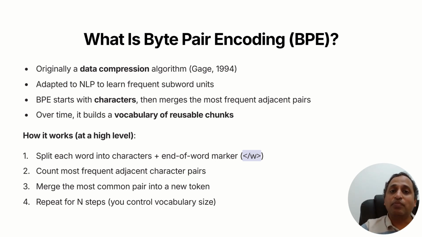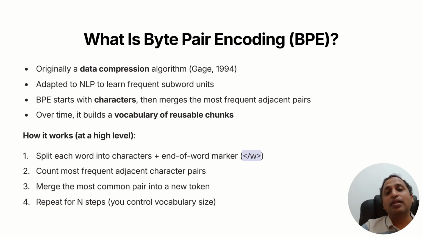Then in step number two, it counts all adjacent character pairs across your training text. If you say something like "hello", it counts HE, then EL, LL, LO, like that. It keeps on counting the adjacent pairs, and it keeps repeating this in a loop, for however many times you want to train, depending upon 50, 100, 500,000.